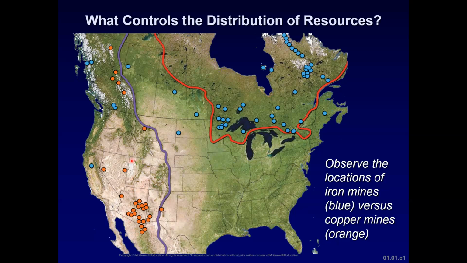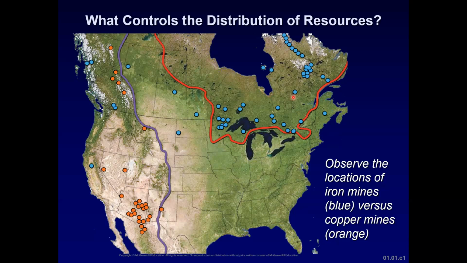Pretty large deposits of copper are found in the western North America area. But most iron mines are in the Great Lakes region and Canada. Let's say most copper mines are in the mountainous western part of North America. And we really don't have iron or copper mines in the southeast or south central part of North America.